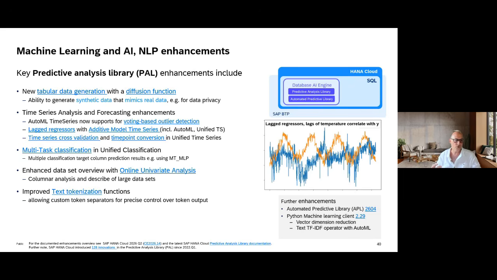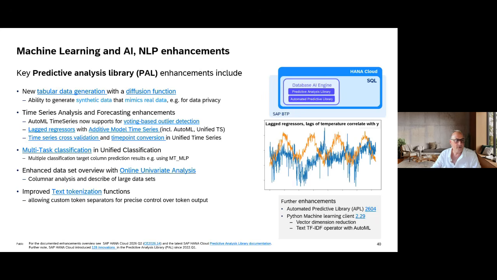This is called a diffusion process. And with that, one is able to generate synthetic data, which mimics your real data, where you may want data scientists training machine learning models during development time to ensure data privacy, or you may need additional, larger amounts of data for training a good model.